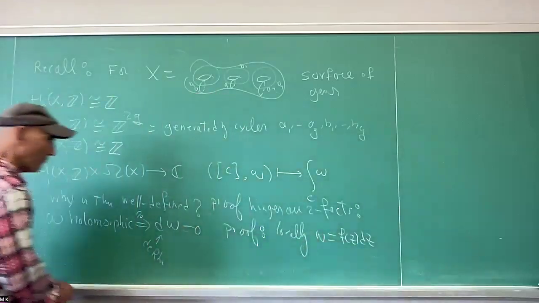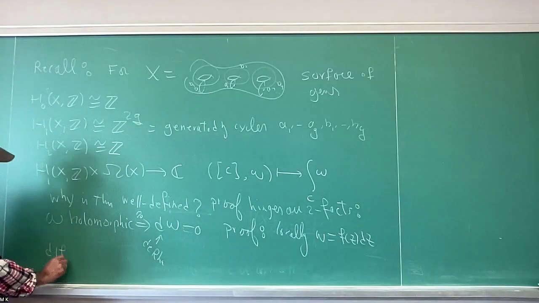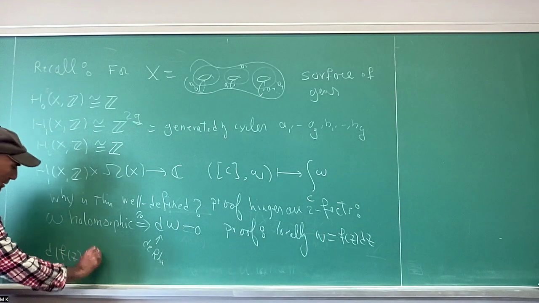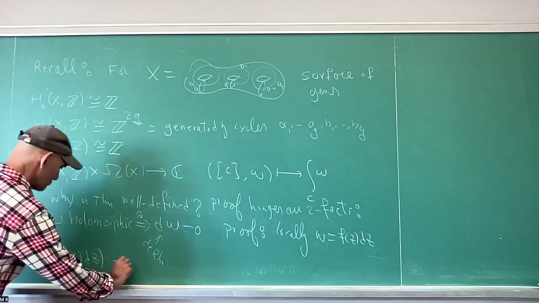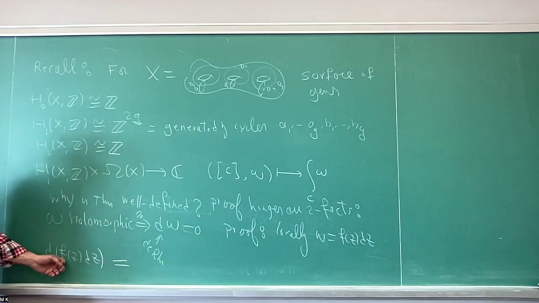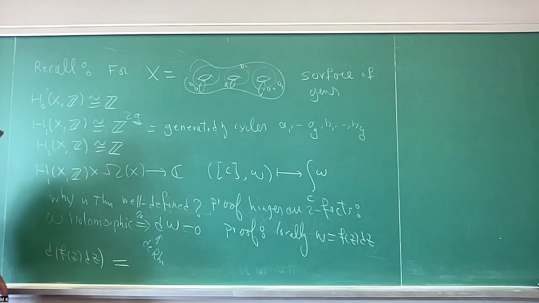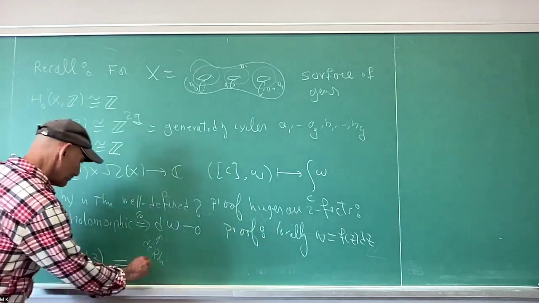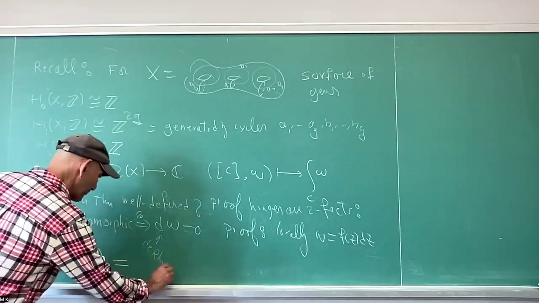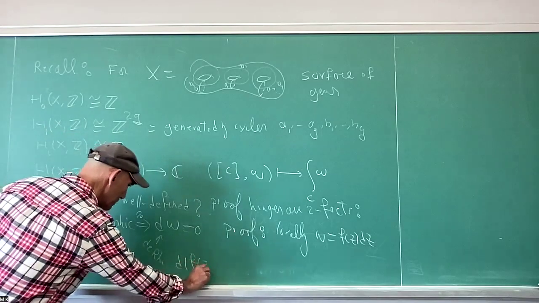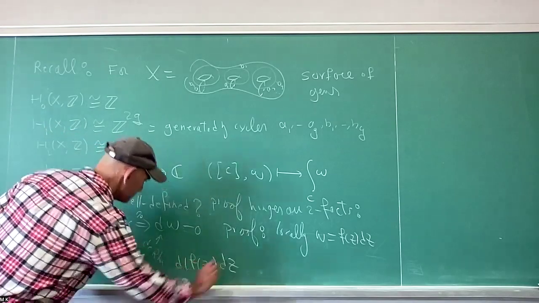So what is the de Rham d of f of z dz? This is d of f of z times dz.